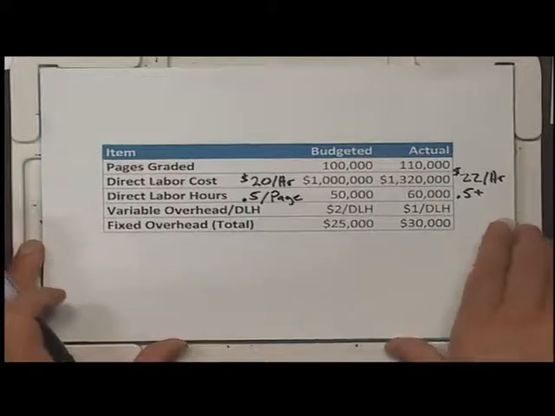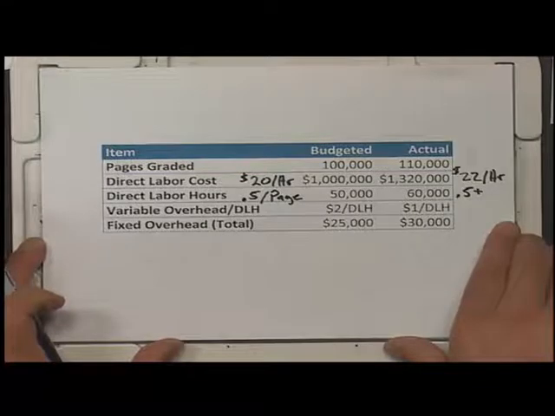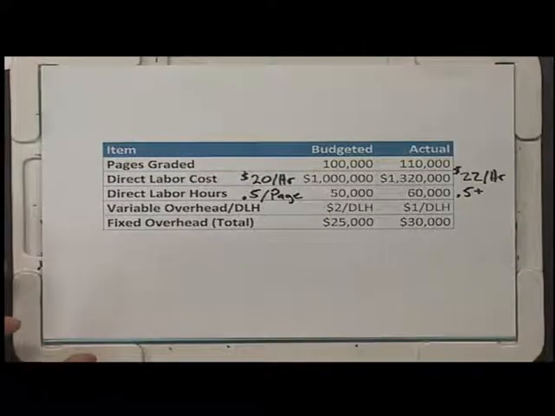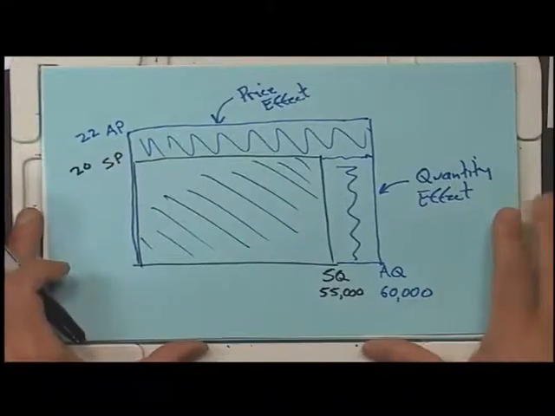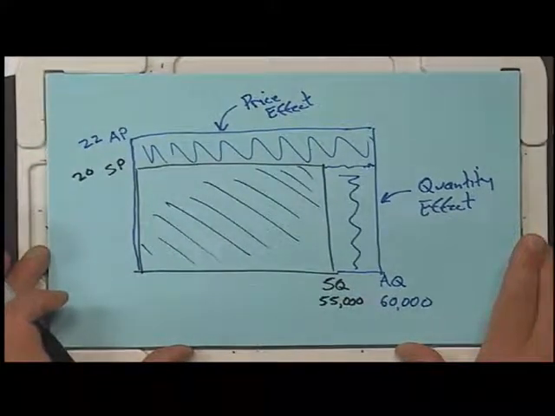Now, when we think about what caused our fixed overhead to be too high or too low, we looked before, in an earlier video on variable costs. You will recall that here were our labor costs, and we used an example of a rectangle.